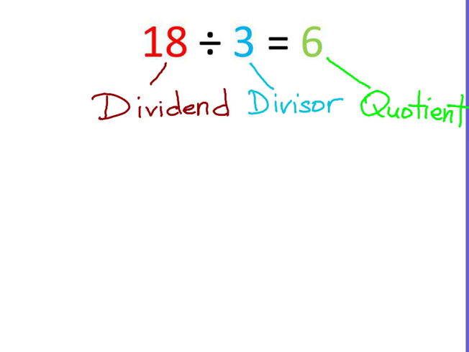We can also rewrite this problem using a division house, which looks like this, with 18 going inside the division house, which is our dividend, the 3, our divisor, outside the division house, and the 6, which will be located on the top or the roof of a division house.